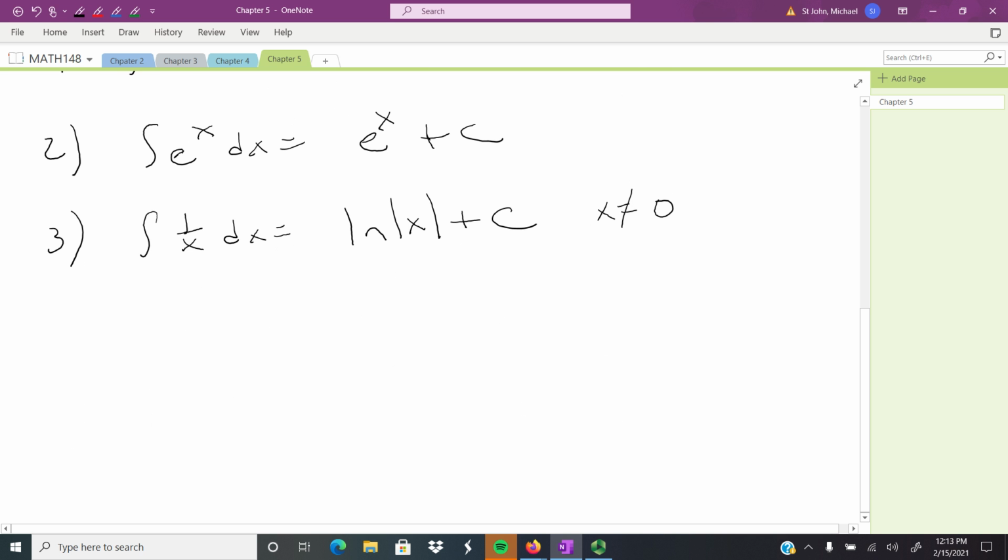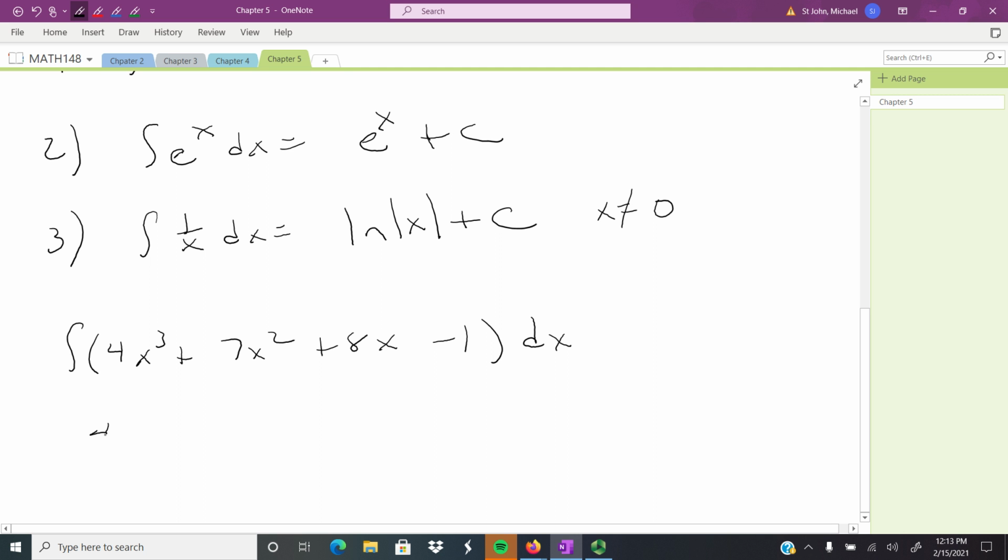So let's look at an example. Let's say I had this, integrate 4x cubed plus 7x squared plus 8x minus 1, integrating with respect to x.